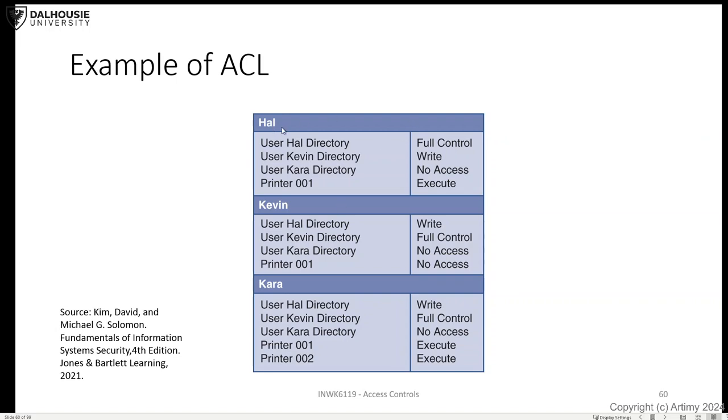So this person here has full control of his own directory, but he can write to Kevin and doesn't have any access to Kira, and also can execute something on the printer. So the administrator creates this access list and gives permission to different people. Right.